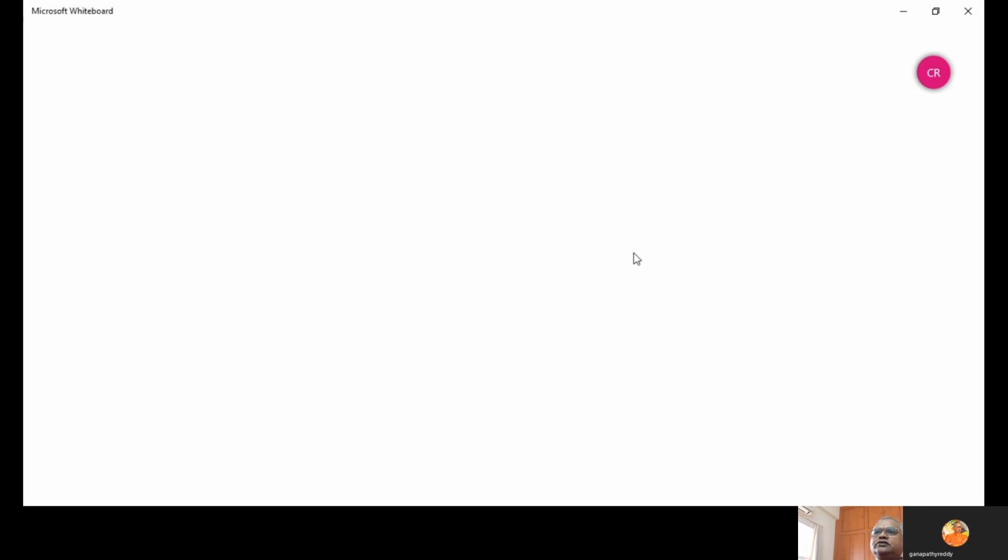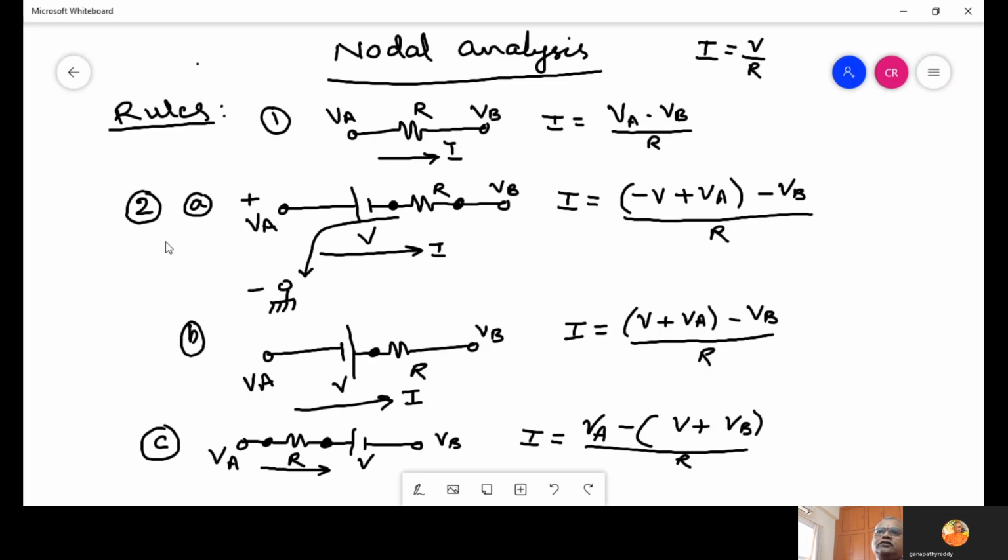In this, first is also easy. 2A is tough. So if you understand 2A, so 2A is very, very important. 2A, once you understand, then all other things are easy.